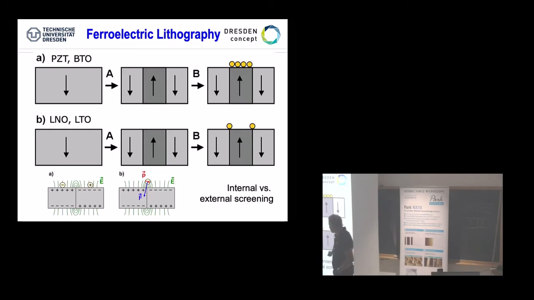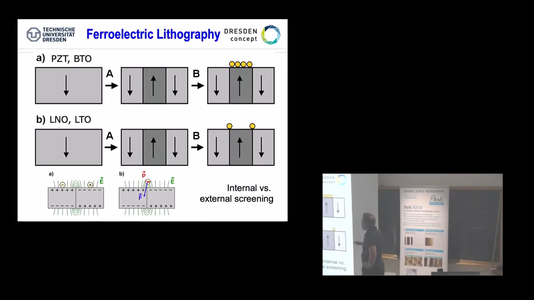Or in other words, we get a stray field that is very strong for these materials if you have a domain wall like this, at this position, in contrast to the other ones where the shielding can also happen inside the domain. So now imagine we have charges on the surface, and we take any kind of material that we would like to deposit onto the surface.